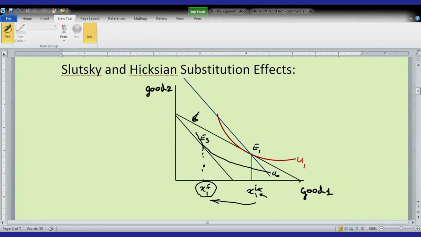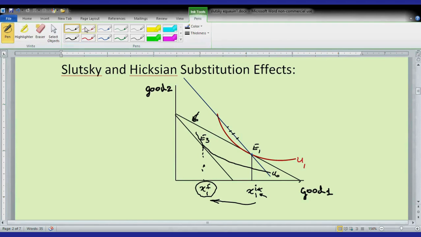But along this blue or compensated budget line, we have a few combinations of x1 and x2 which are superior to the consumption combination available at E1, because these combinations lie above the indifference curve with utility level U1.